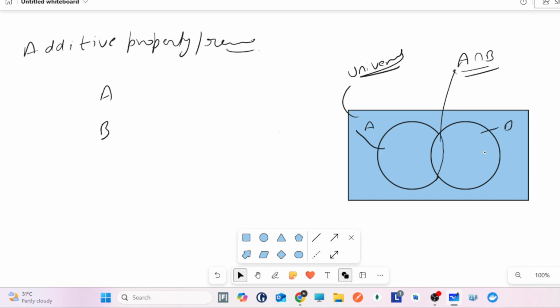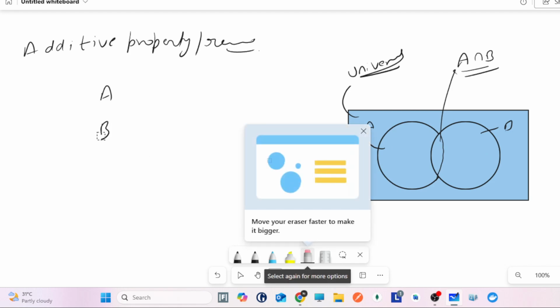Okay, so we have two sample spaces A and B, and we plot the possible values of these two sets on a Venn diagram. So what if I put you a question: what is the probability of getting a response from A union B?